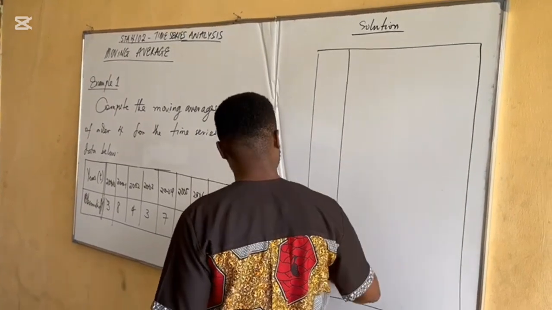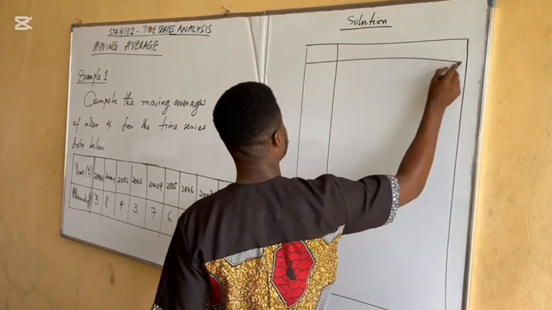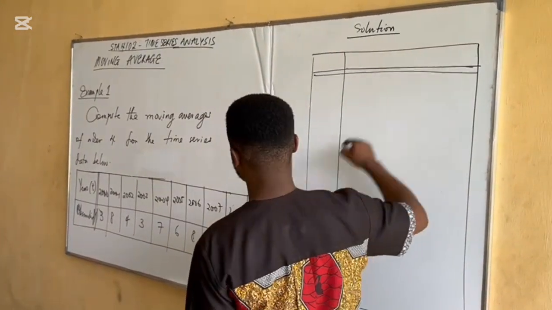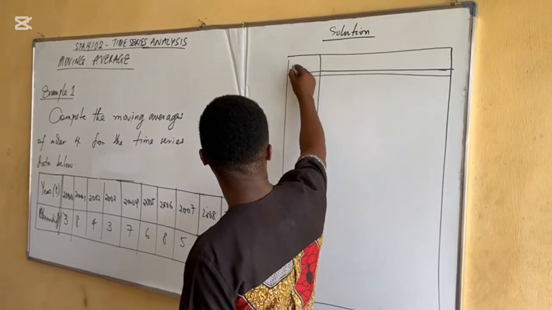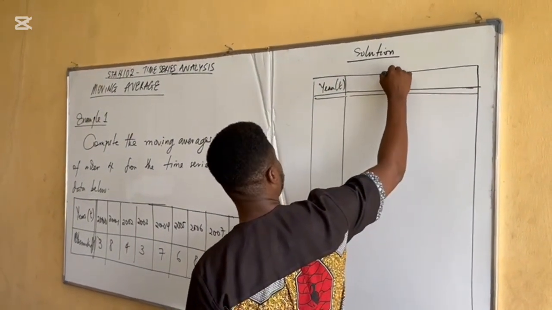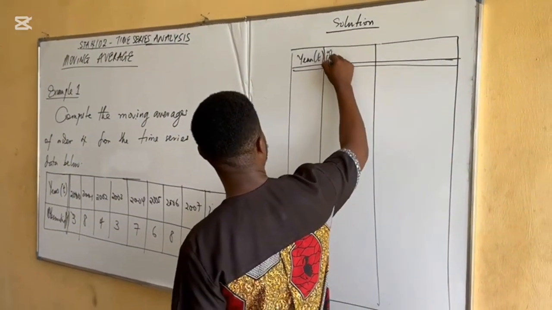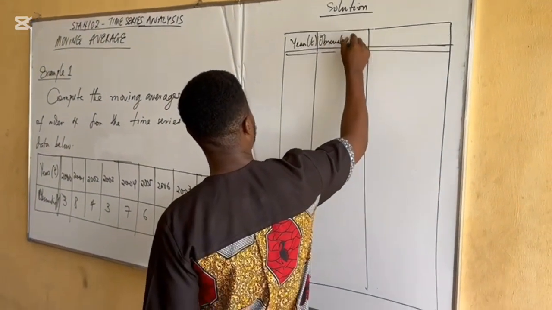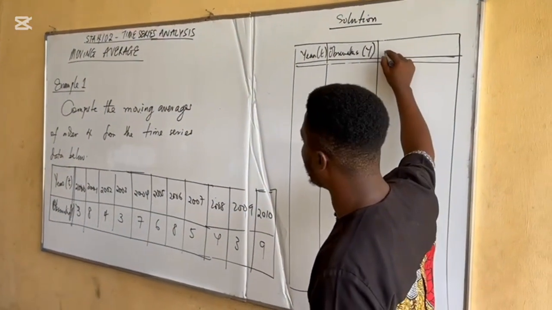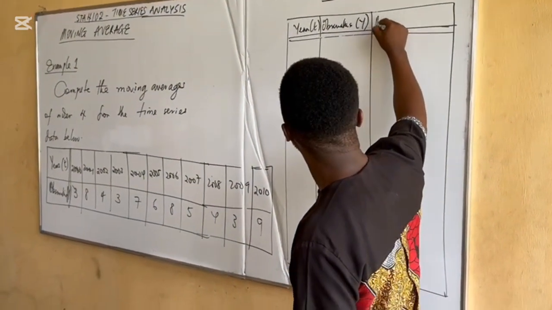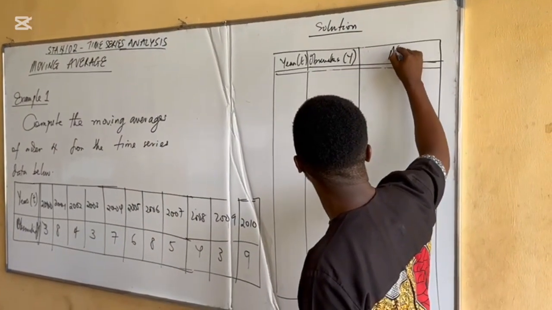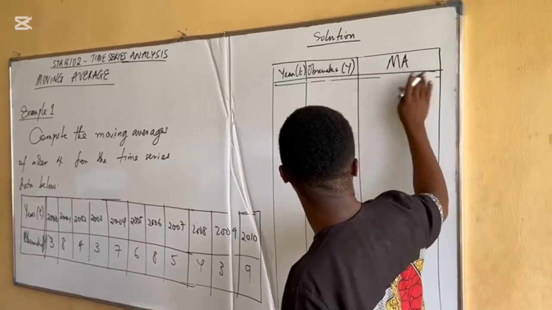So I'm going to make this table vertical now and put here the following. I'm going to bring my years here, and then my observations, which I'm calling y. Then here I'm going to say moving average, MA.